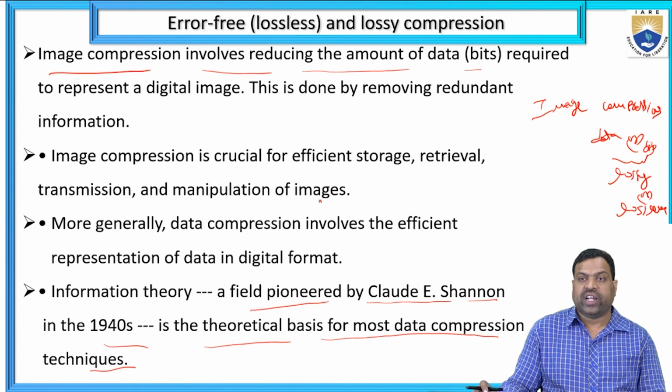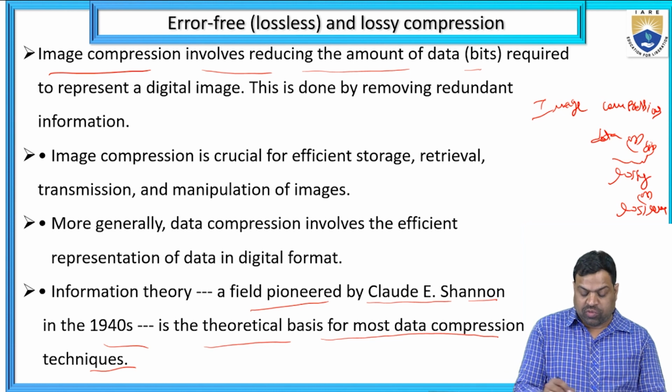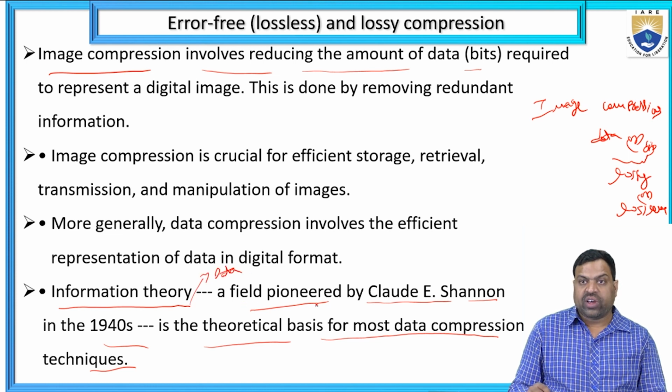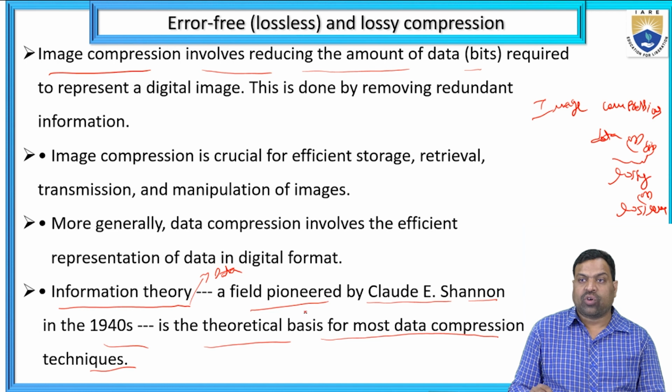More generally, data compression involves the efficient representation of data in digital format. Information theory is nothing but data representation, a field pioneered by Claude E. Shannon in the 1940s, and is the theoretical basis for most data compression techniques.